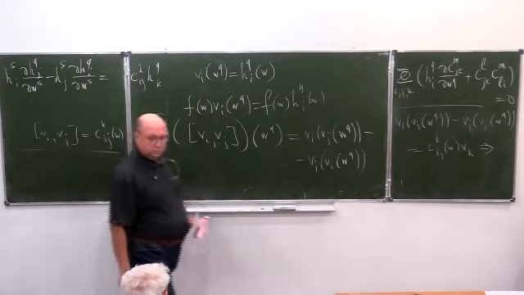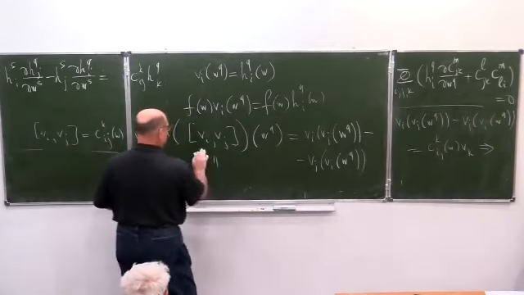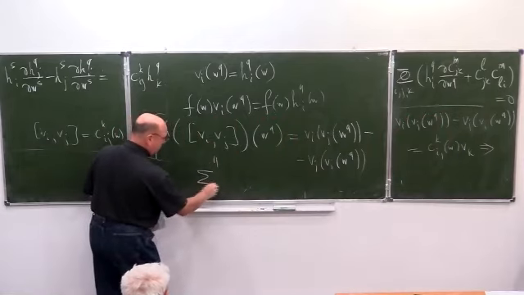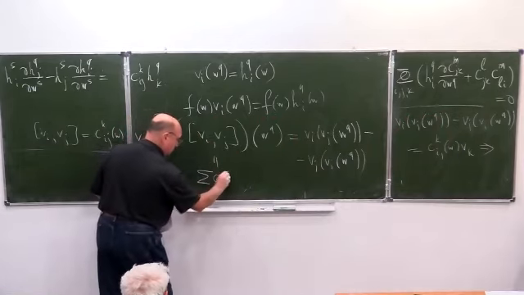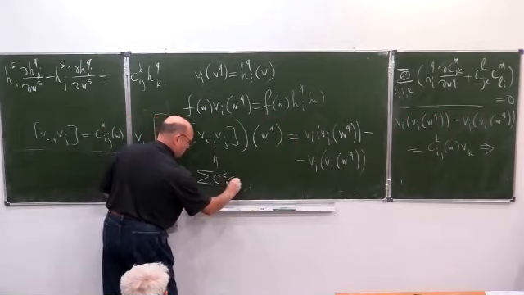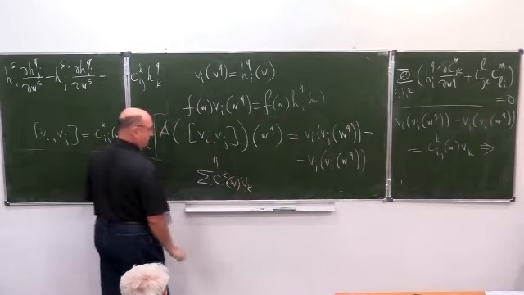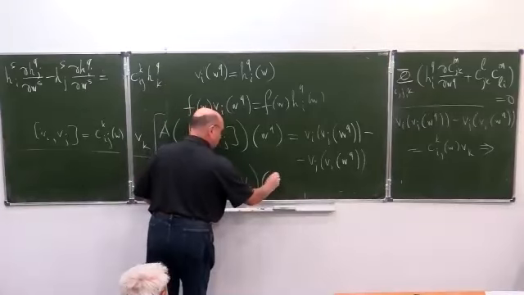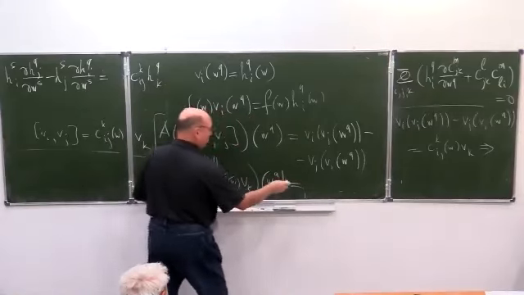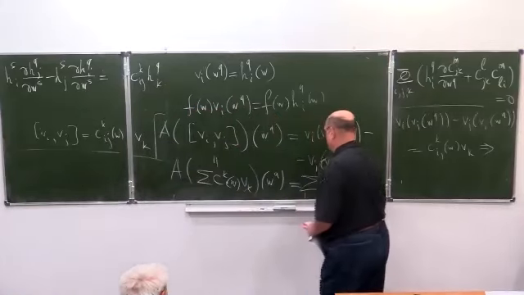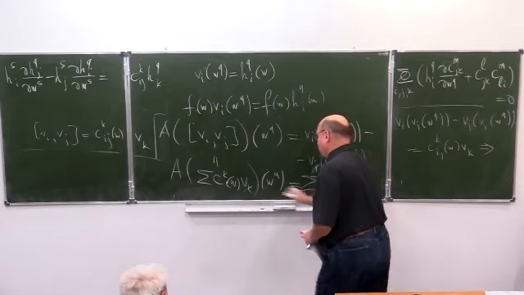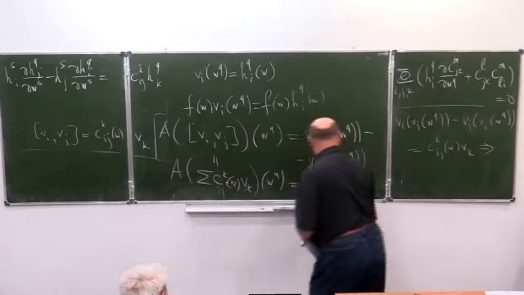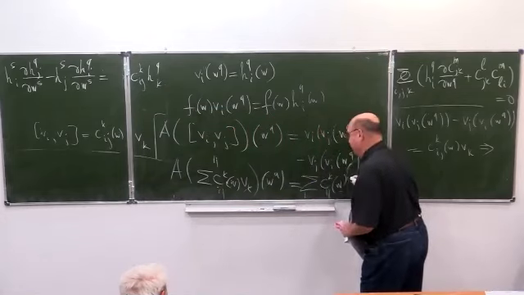But we say that this is the same as the sum of C V_k, applied and acting, and this will be I_j multiplied by this.